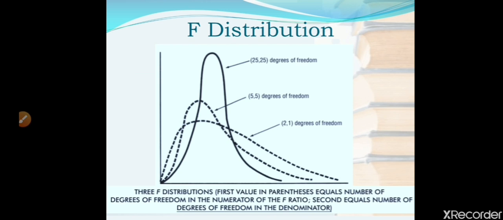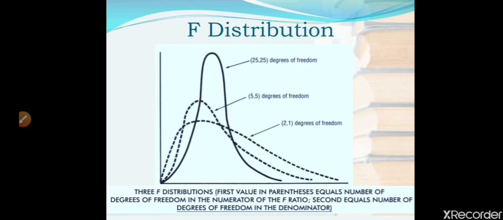So first of all, let us see what this F distribution is. Here you can see the F distribution is actually a whole family of distributions, three of which are shown in this figure.